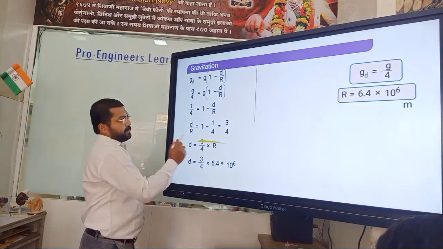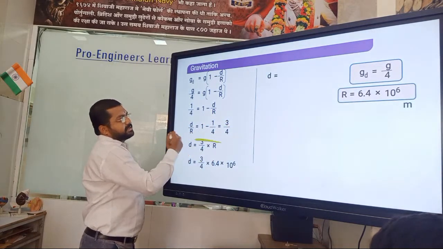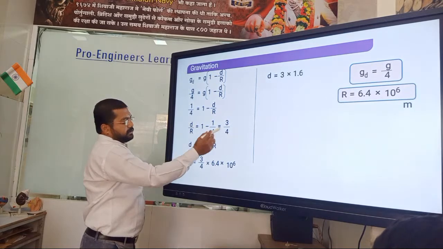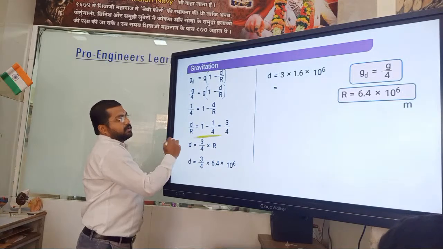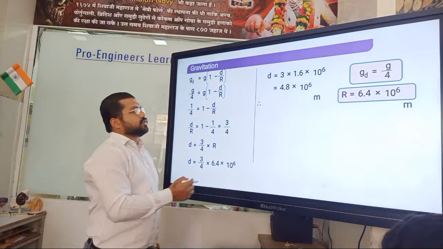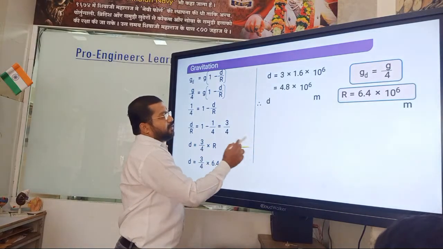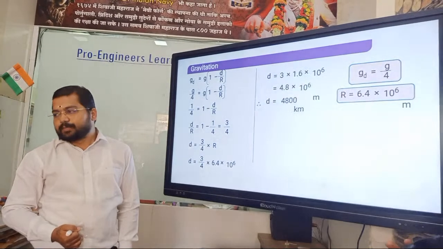Yes. That is mentioned over there. So d is equal to 4.8 meter. So now convert it into standard form: 4,800 kilometers.